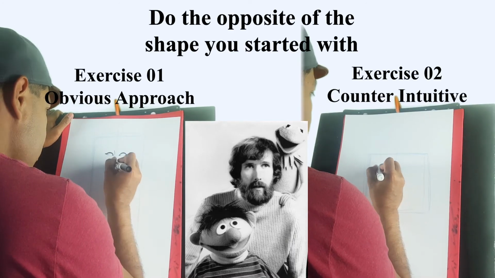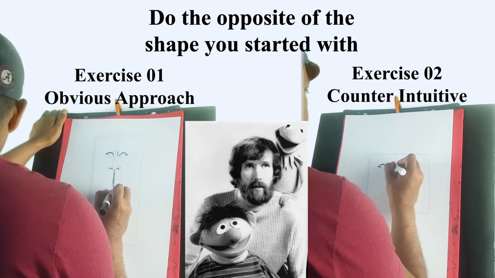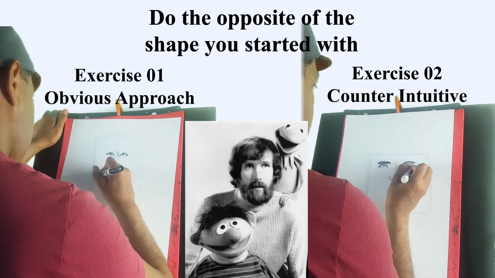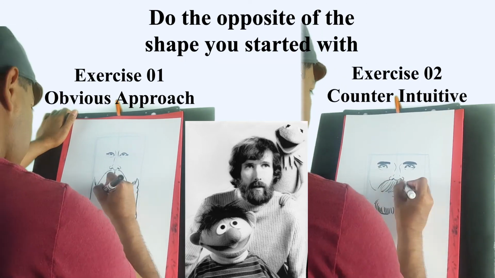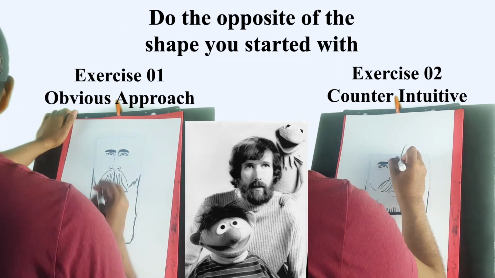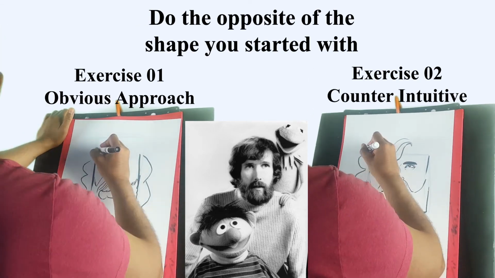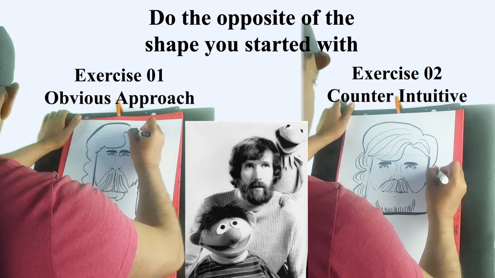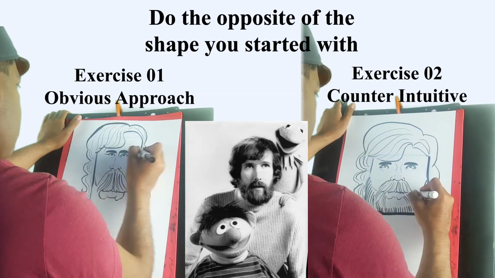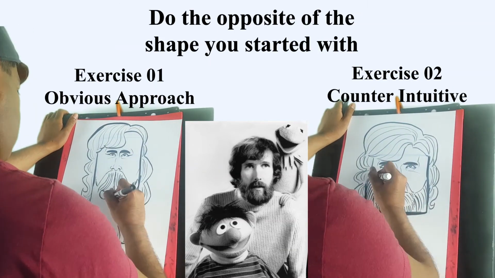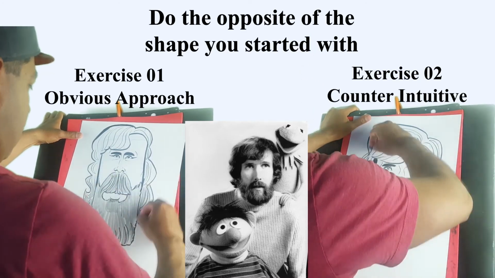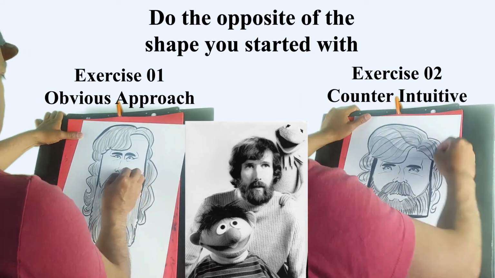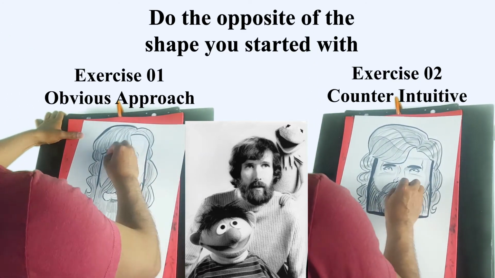Take the face that you drew as a square, and now instead of drawing within a square boundary, use a rectangle. Play around with the proportions and see if you can make it work with this counterintuitive approach. If anything, it will challenge you, and sometimes you can even make it work better than the obvious approach. Remember the 5 points of the face and check out my other videos on the inside regions of the face.